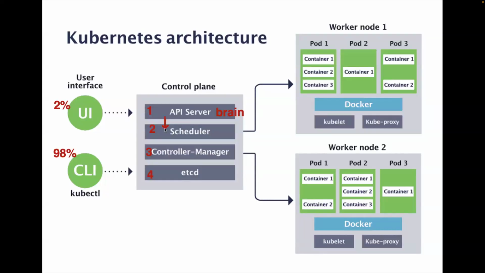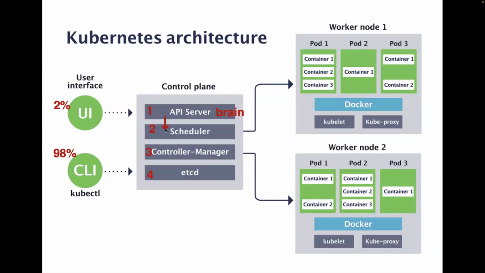As the name says, the scheduler is the one which schedules the containers on the worker nodes. So the scheduler is a component which will decide where to schedule, when to schedule. Okay, 2 containers should be scheduled on worker node 1 at 8:30 a.m. Something like this. That kind of scheduling is done by the scheduler. Where to schedule, when to schedule, what to schedule.